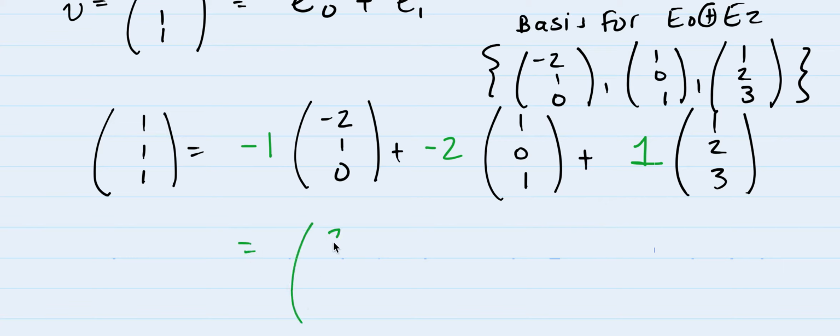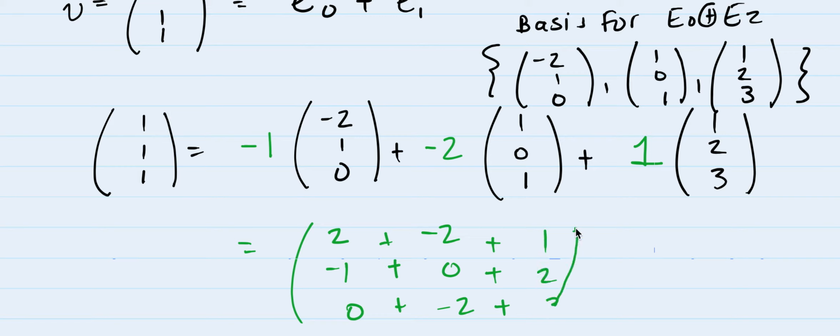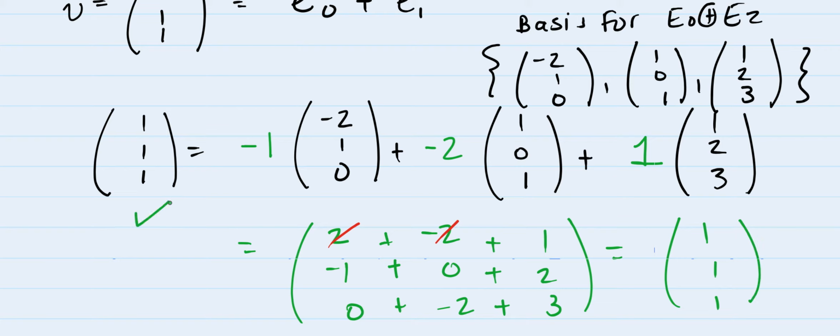This is 2, -1, 0, plus -2, 0, -2, 1, 2, 3. 2, this cancels, I get a 1 on the top. This becomes a 1, and then this also becomes a 1. So that actually worked, which is great.